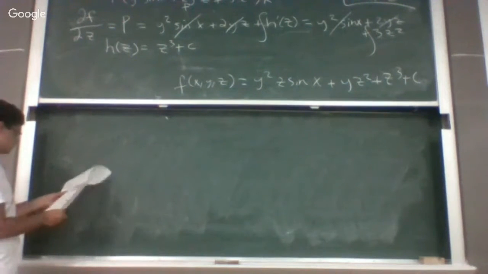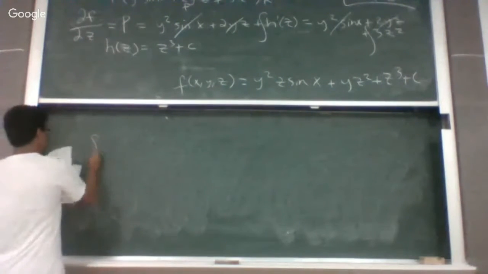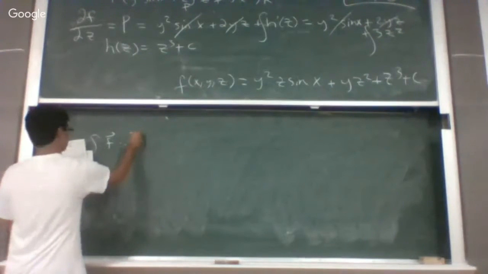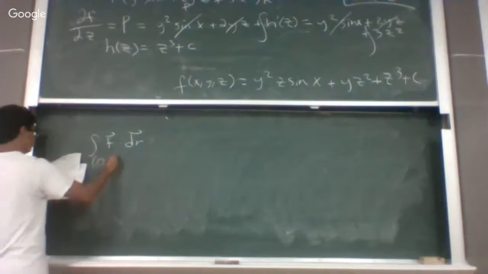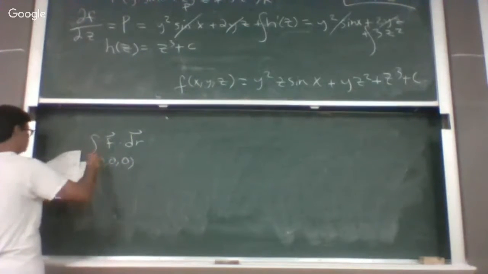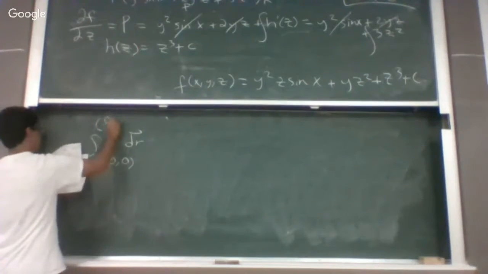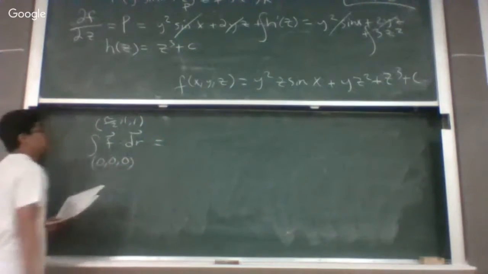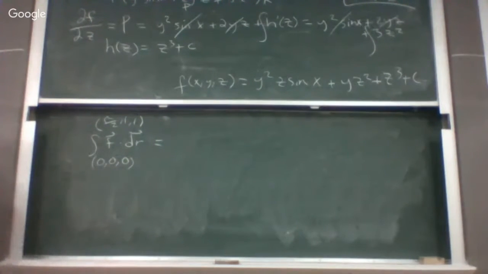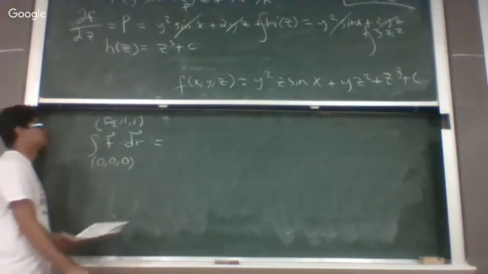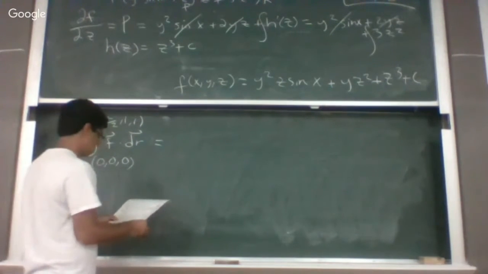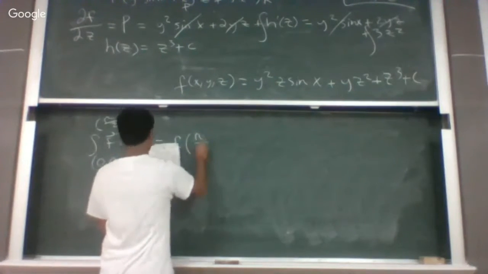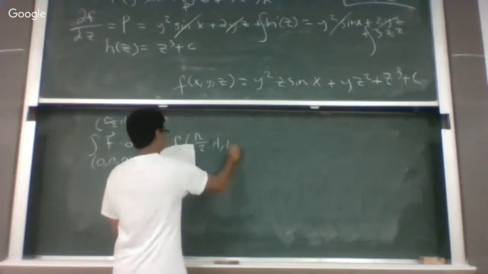So the last part is doing the integral of f dotted with dr, going from 0, 0, 0 to pi over 2, 1, 1. But we know that this is equal to what? Just f of x, y, and z. So then we plug in the values as limits.